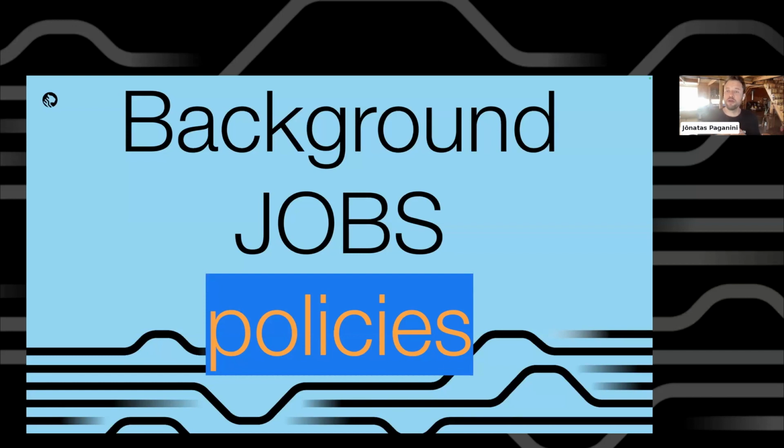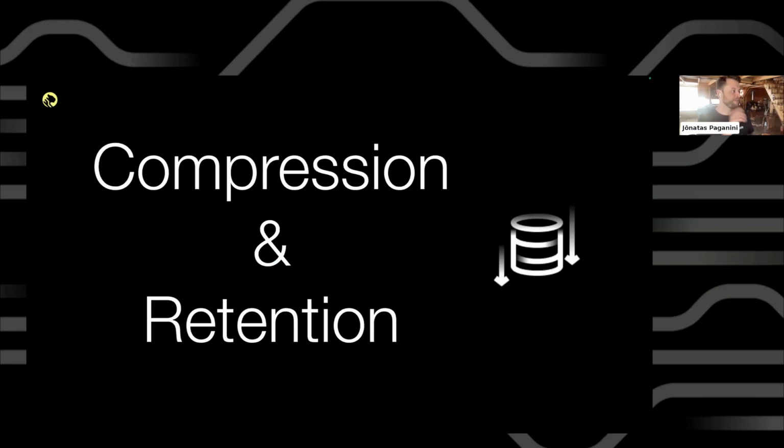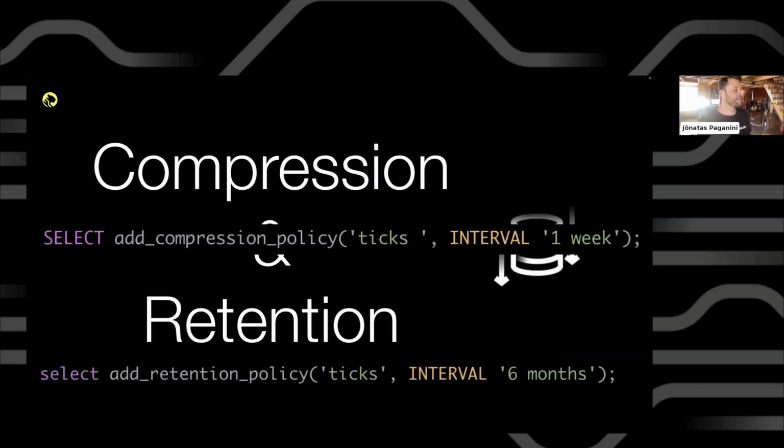We are going to go much deeper today in compression, but we are also going to cover a bit of retention and the most insightful parts of why retention is important and how it can help to speed up your database. So compression and retention, this is only 2 lines of code, but it can mess up everything if it's misconfigured.